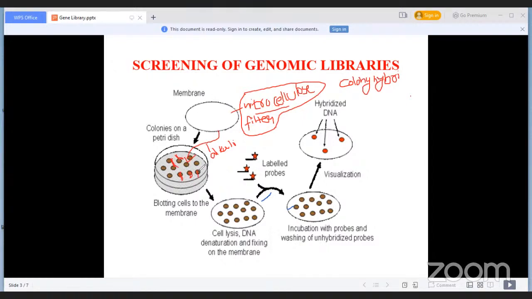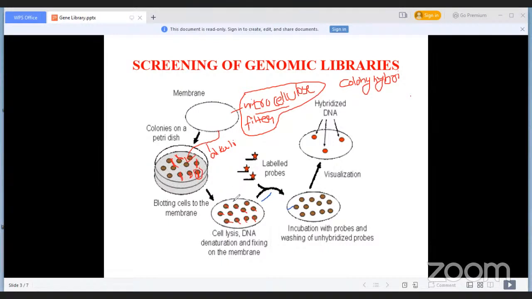When covered with nitrocellulose paper, with the action of alkali, it becomes single stranded. Just compare here: double stranded DNA. After the action of the nitrocellulose paper, it becomes single stranded, right?